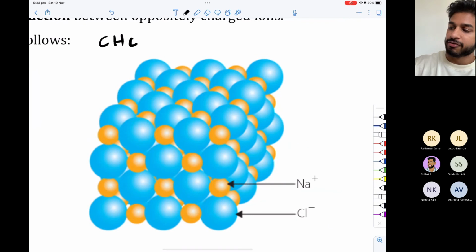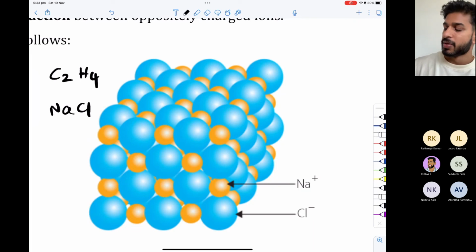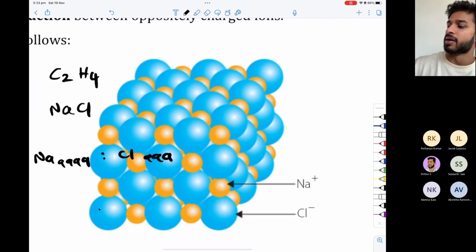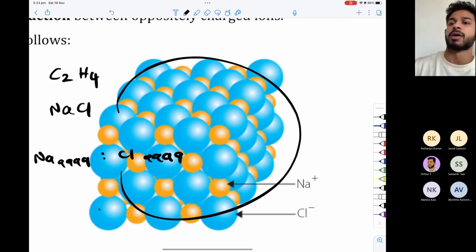methane as CH4 and ethane as C2H4, etc., whereas we write NaCl as NaCl? Why don't we write it as Na9999Cl9999, because there's millions of sodium atoms and millions of chloride ions?